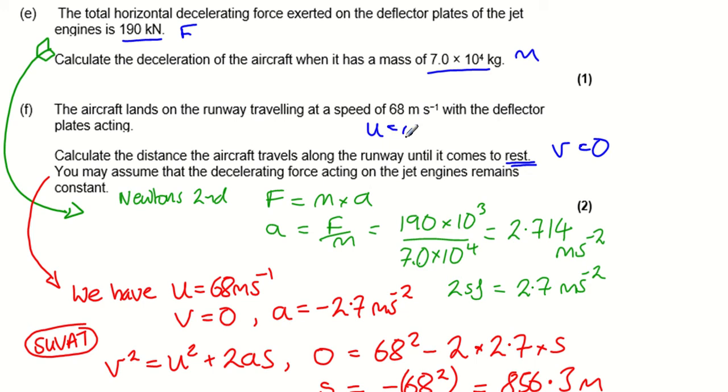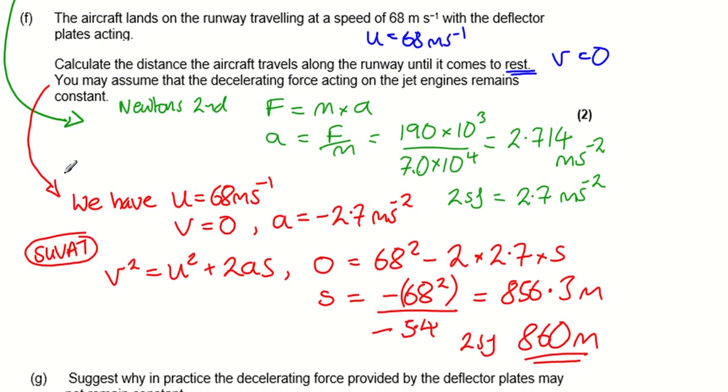So u equals 68 meters per second. You've calculated your acceleration, and they said calculate the deceleration. So I've reused that number, but since it's a deceleration, I'm going to give it a minus sign. I'm going to call my u 68, my v 0, my acceleration minus 2.7.